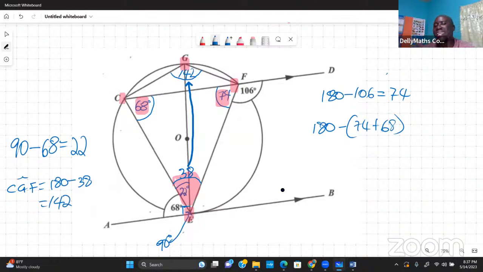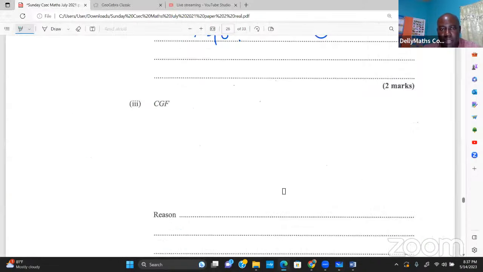Opposite angles in the cyclic quad add to give 180. All right, so you want to drop this. This would have shown your working. Yeah. We got 142. And we say opposite.